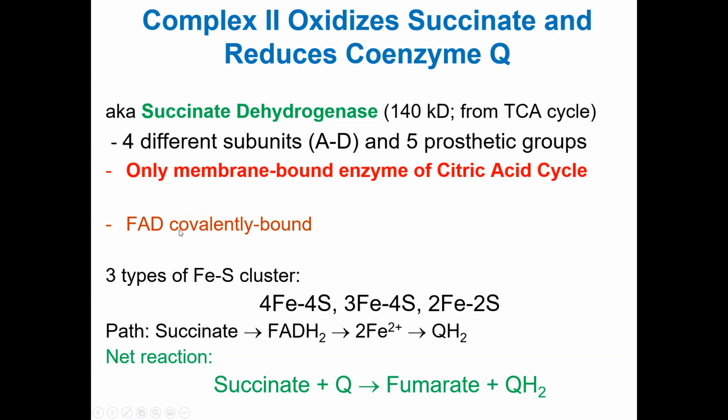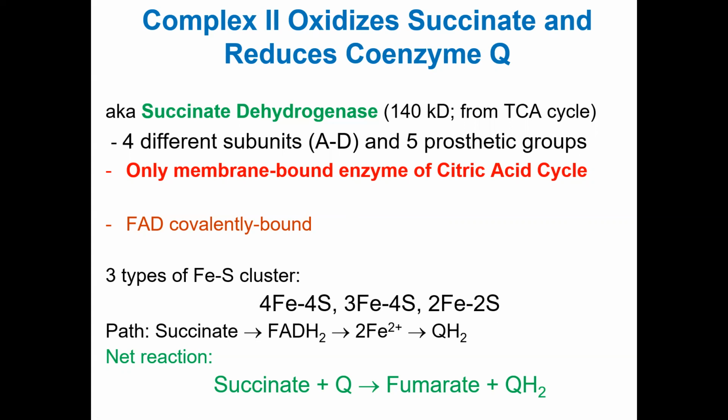You have FAD, that's 4, and the 5th one is not shown here and not utilized here, but exists in succinate dehydrogenase. It has stayed there through evolution, although it does not directly participate in the processes of complex 2.